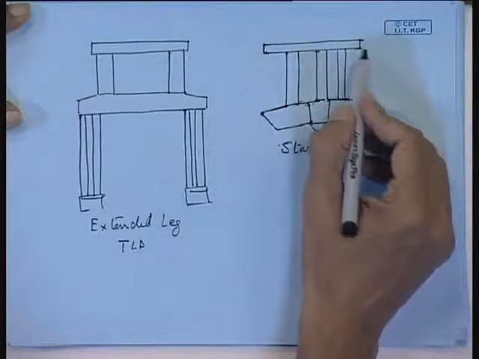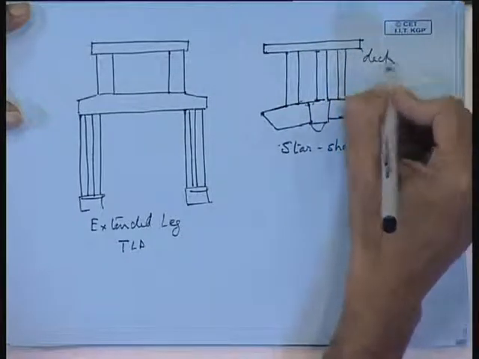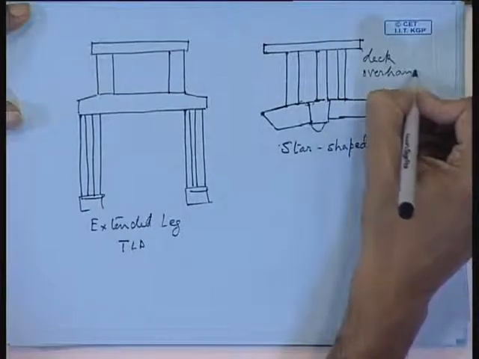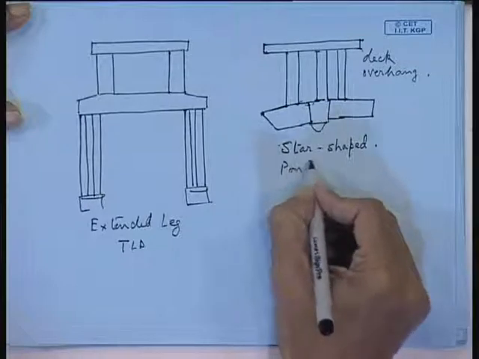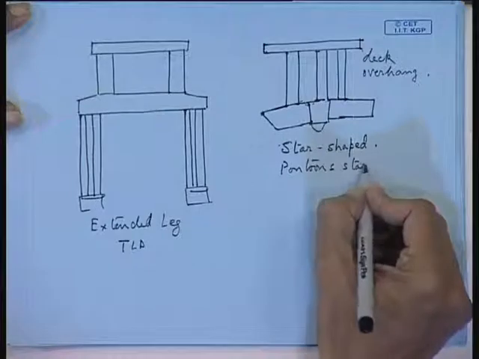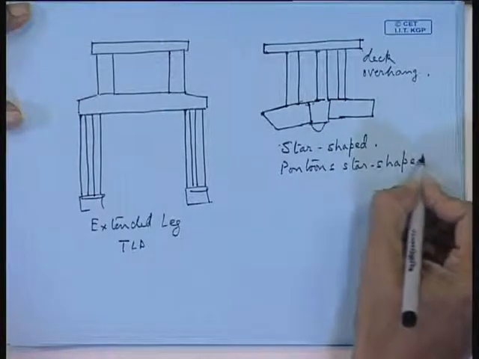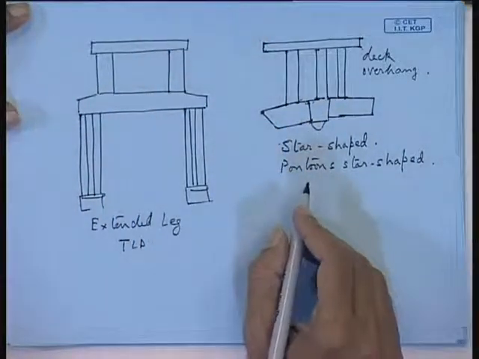Here you will find the deck has large overhang. Pontoons star shaped. So, why are you going for this type of complicated shape when you can do with the simple shape?